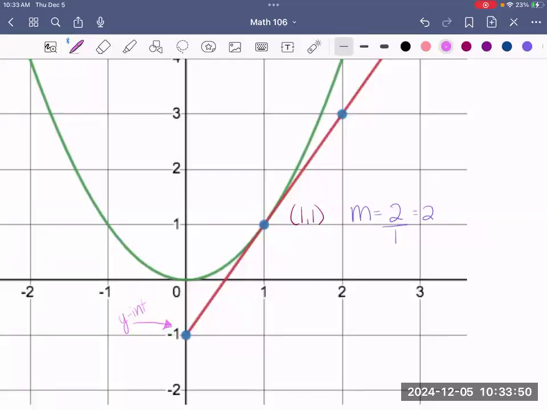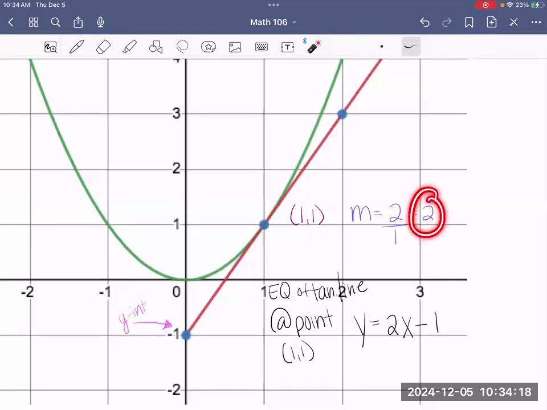So the equation of your tangent line at the point (1, 1) is y = 2x - 1. 2 from your slope and your -1 from your y-intercept.